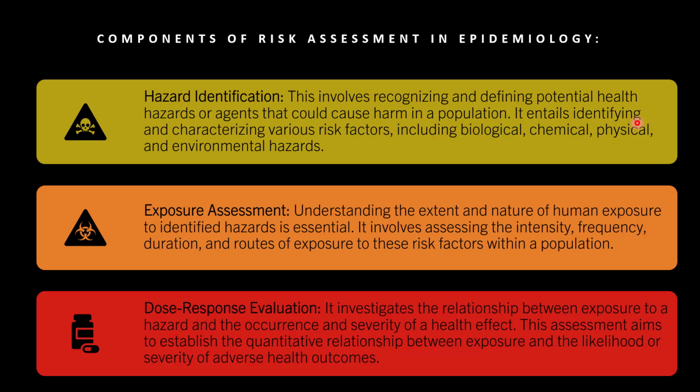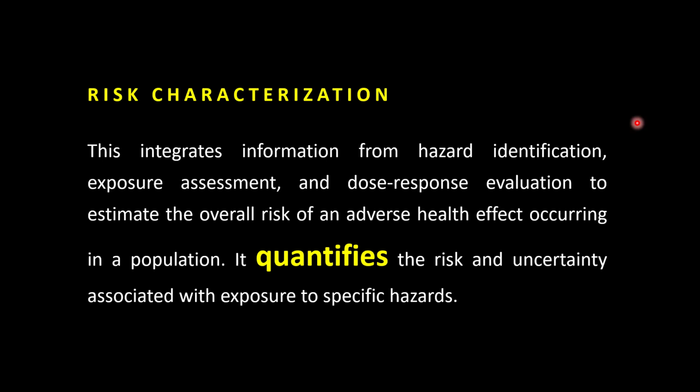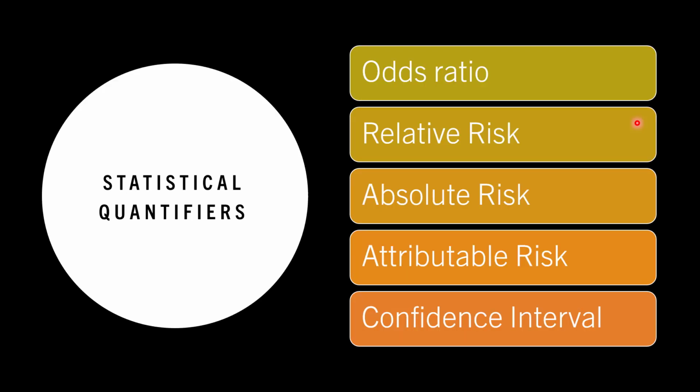Those are the components of risk assessment as we discussed, and this is why we quantify the risk. So, what are the statistical quantifiers? You will hear these terminologies in calculating the risk.